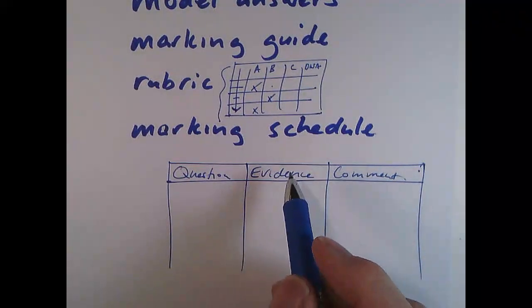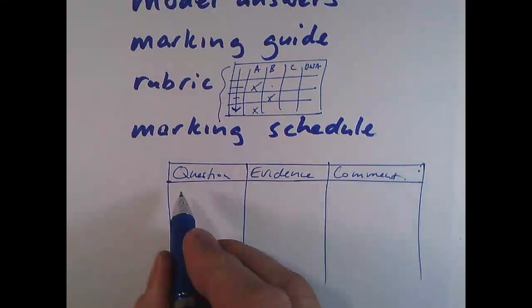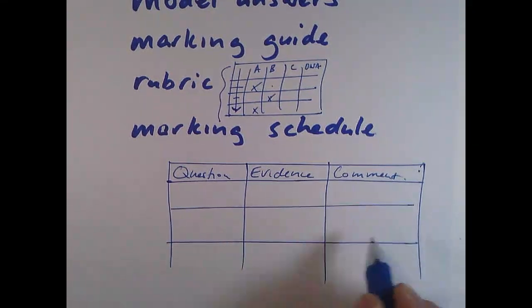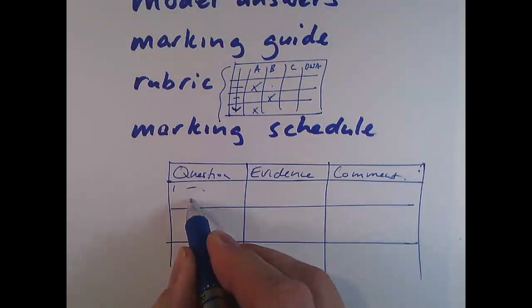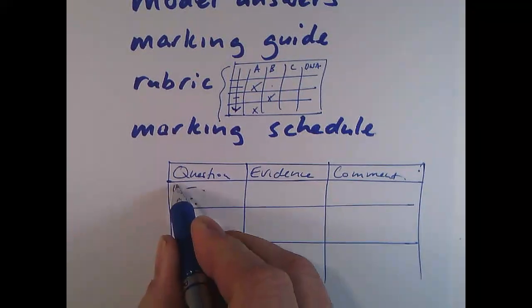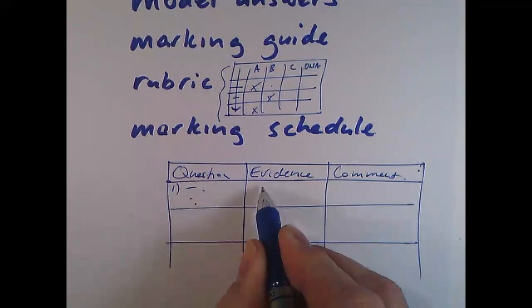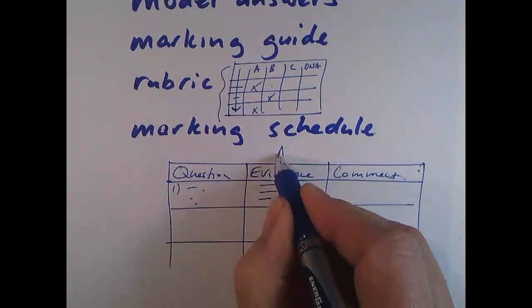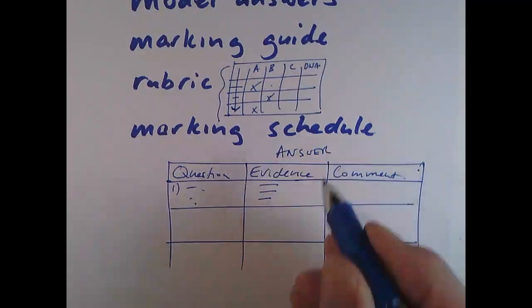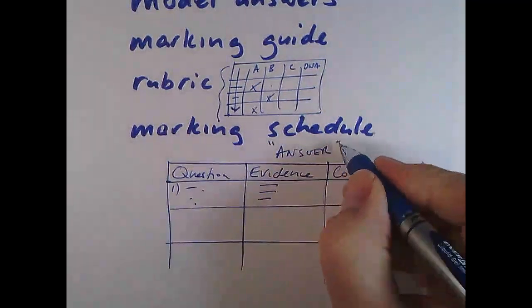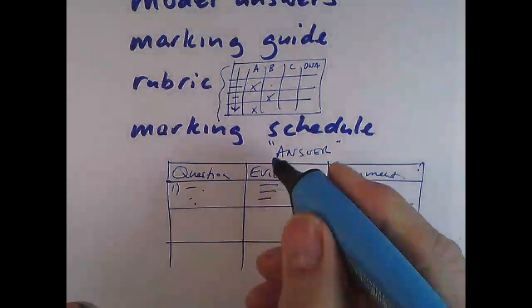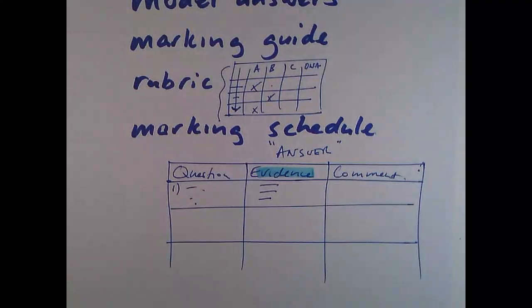Sometimes the emergent style over the past 30 years often has a marking schedule that looks something like this. You have your actual question there that you've asked the students, the written outline of it, and there you are not thinking in terms of an answer so much, but you are looking for what evidence the students should be providing for you to be able to say, yes, they've got it.